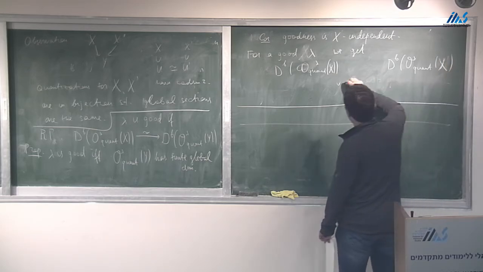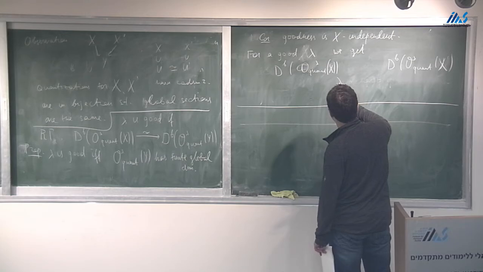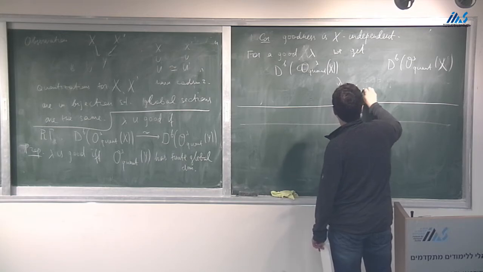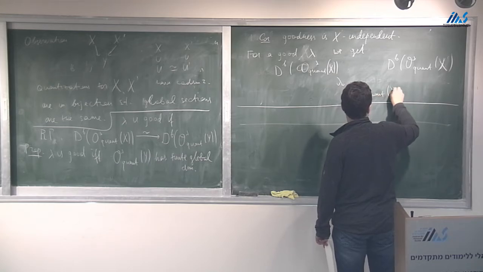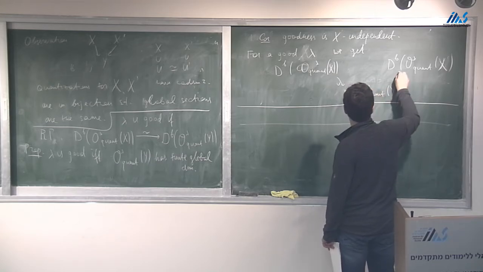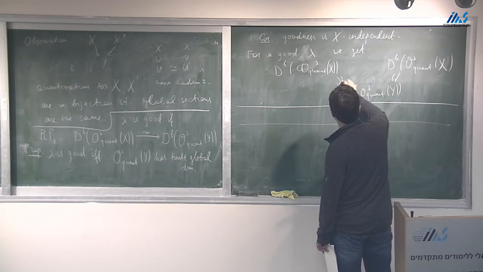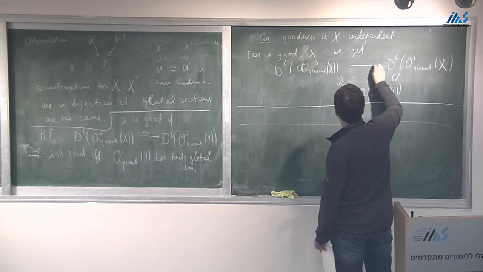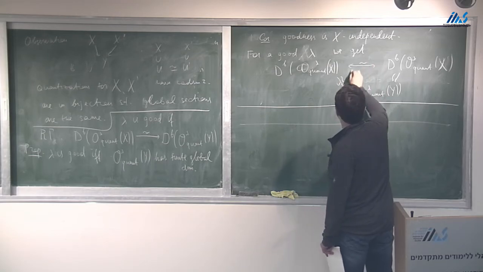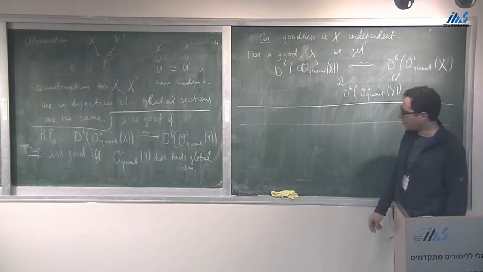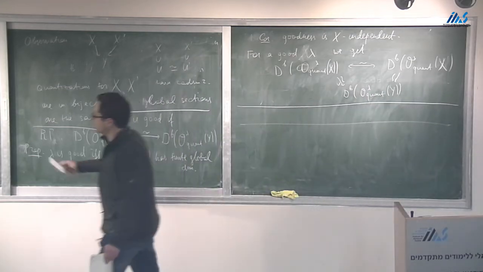They become equivalent because they are both identified with this. So closing this triangle, we get an equivalence like that.